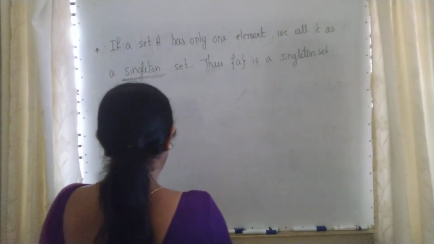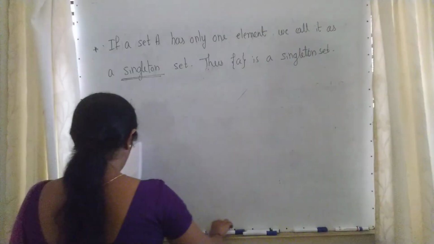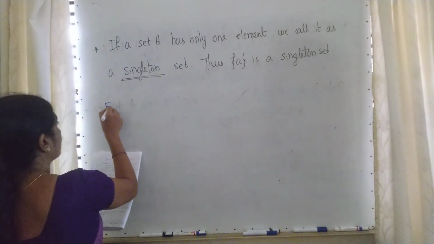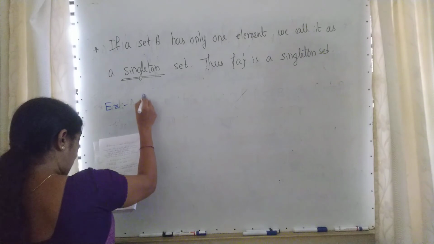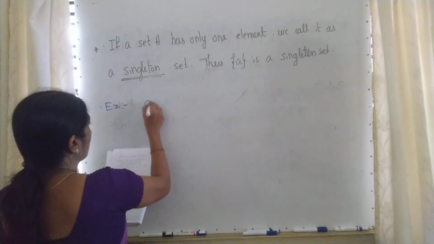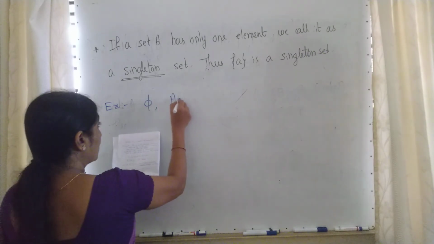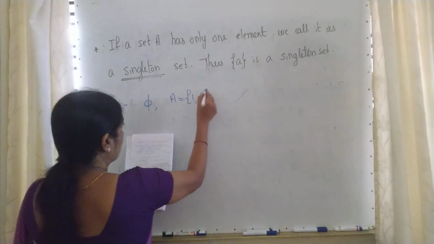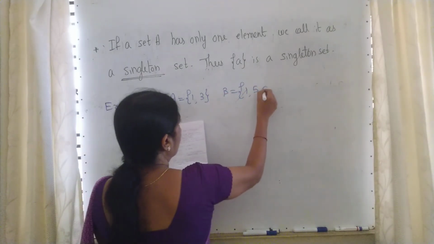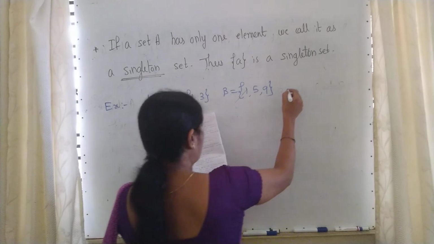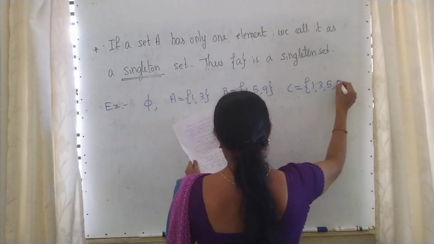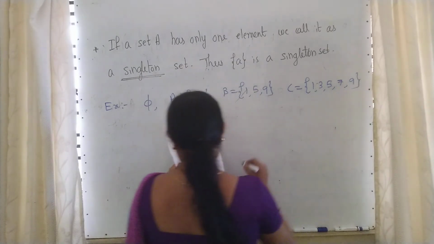Now consider the example. Write down one example. First, this is a null set. Already you are familiar. Null set is what? It does not have any element. Set A is {1, 3}. Set B is {1, 5, 9}. And set C is {1, 3, 5, 7, 9}.